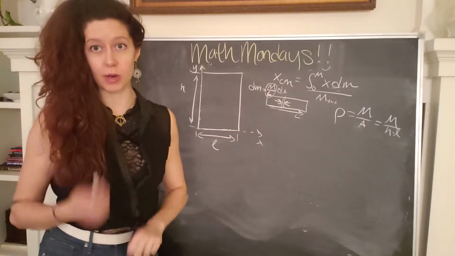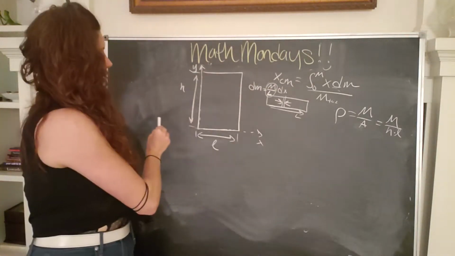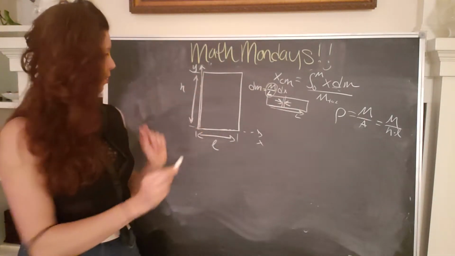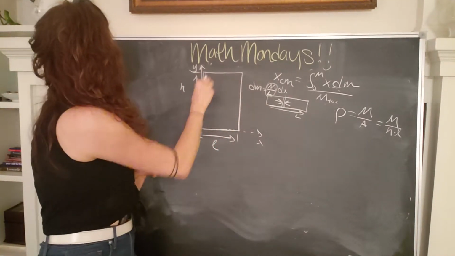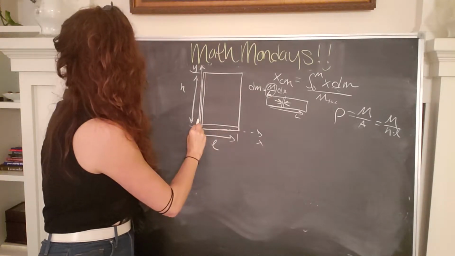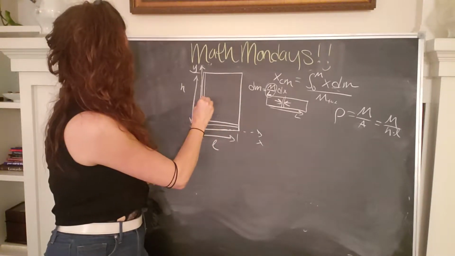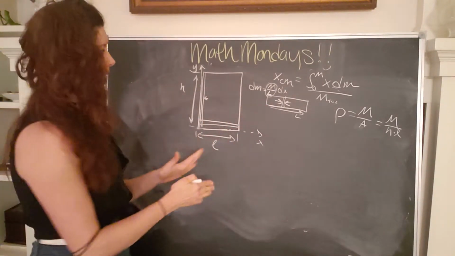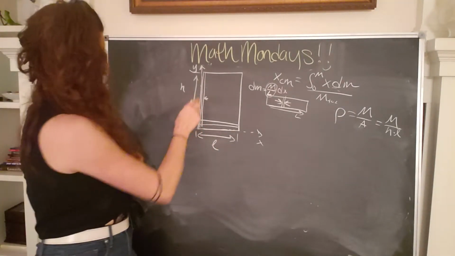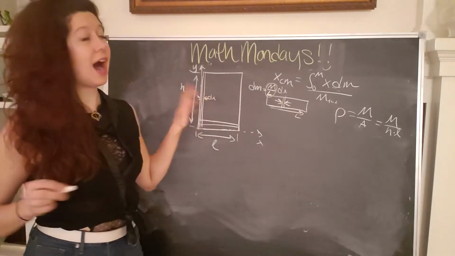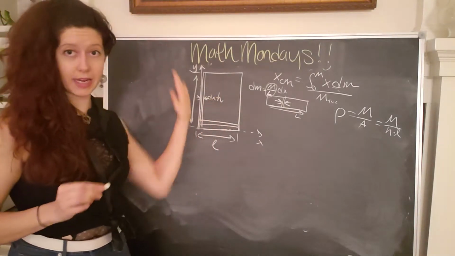The other thing that we need to recognize that's really important is that we are going to have to do this 2 times. For the first part, we're going to add up teeny tiny slices in the x direction, and then in the second part, we're going to add up teeny tiny slices in the y direction. The important thing to note here is that when we're going in the x direction, the length of our tiny slices is dx, but the height of these slices as we go this way is actually h.